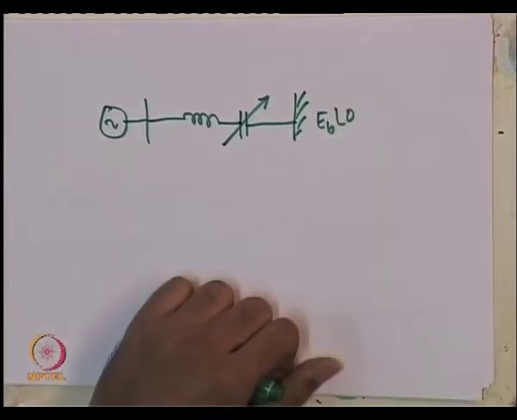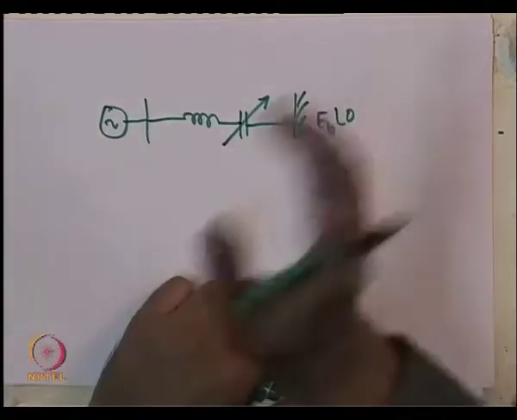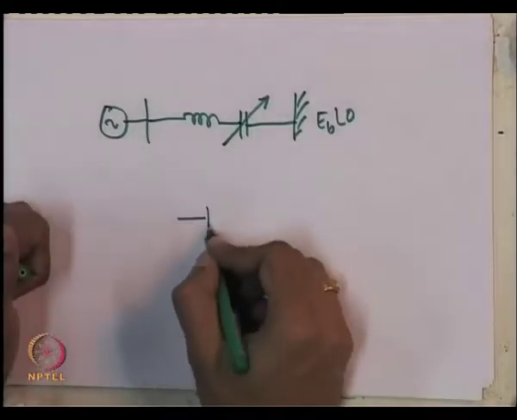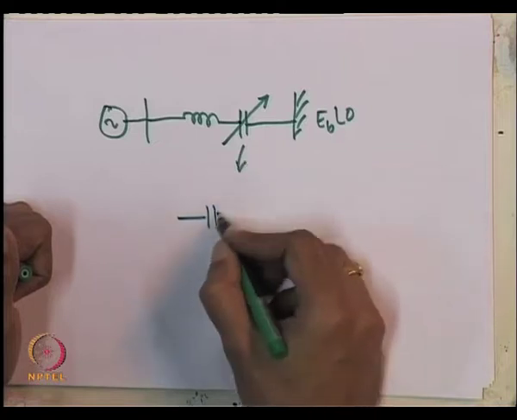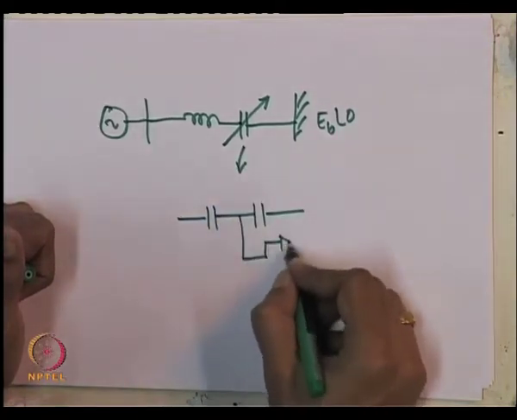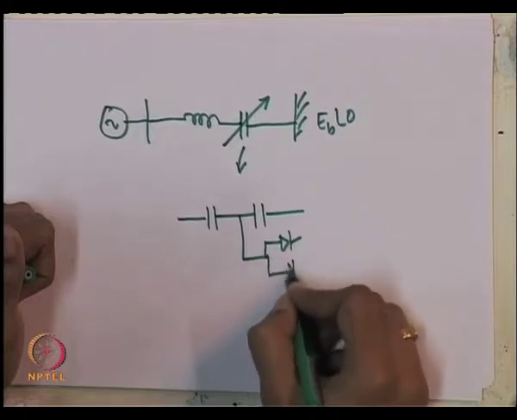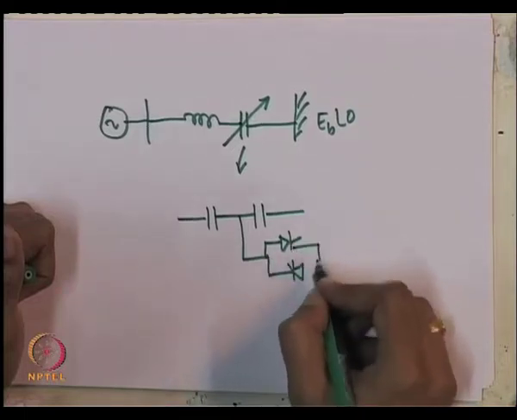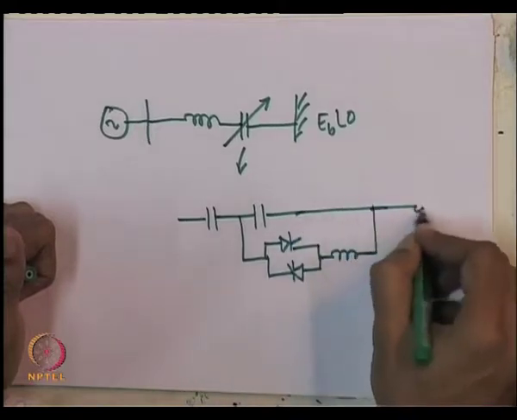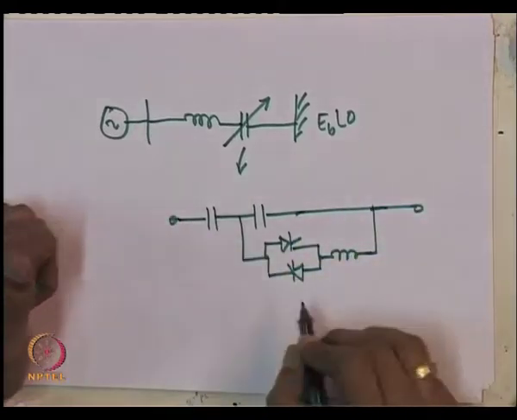How do we implement this controllable reactance? I had shown you a slide some time ago. This is one way one can implement a controllable reactance.